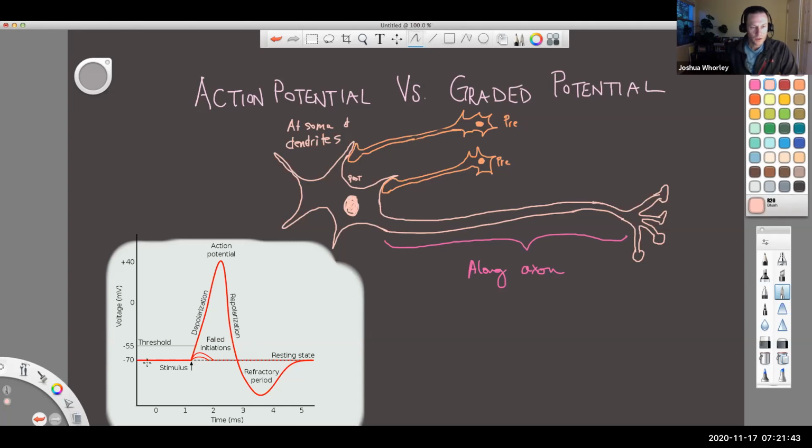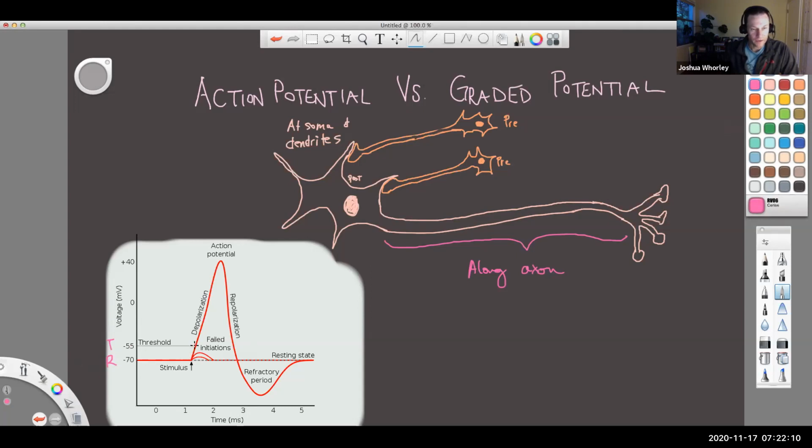So first of all, let's remind ourselves of this graph. -70 millivolts is our resting potential. This -55 is our threshold potential. This voltage is in millivolts, and we have our time here in milliseconds. So in a typical action potential, there's a cell at rest. Nothing interesting is happening. That is at -70.